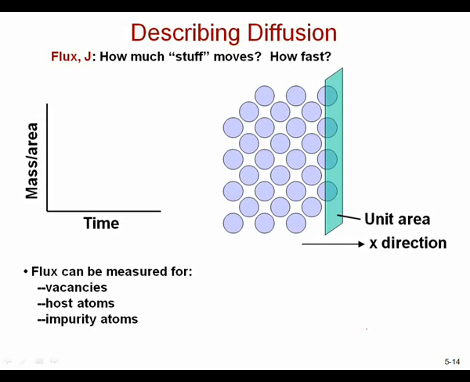And how fast is it moving? So you can think of this as like a flow rate or something. We can measure the flux for anything that's moving through the material. We can measure it for vacancies, for host atoms, or for impurity atoms. But this is the one we're usually concerned with in diffusion. We're looking at impurity atoms. How is that moving through?